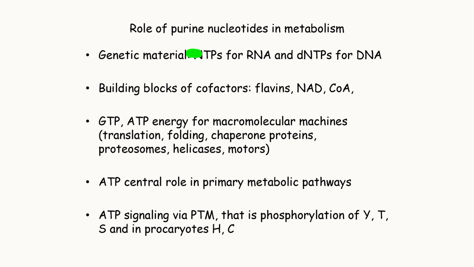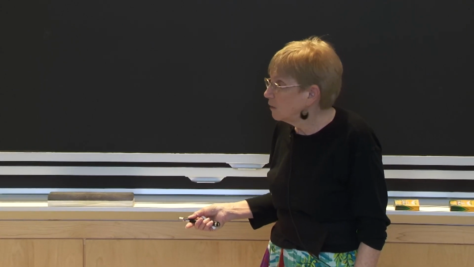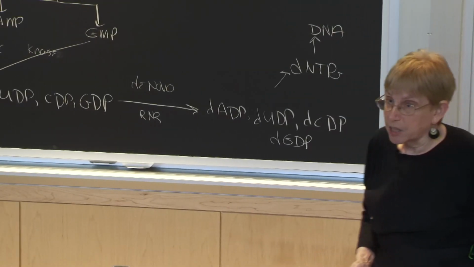NTPs and dNTPs are central to our genetic material, okay? So we need to get them, and we need to control them. If these levels become imbalanced, you have mutator phenotypes in DNA replication.